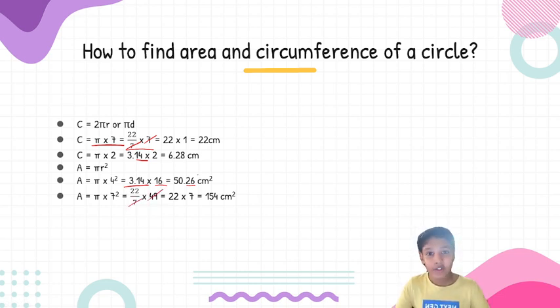Now we're not going to leave it as is. 7 and what is 49? 7. So our answer will be 22 multiplied by 7. This is a 1, so 7 1's are 7, 7 2's are 14. That's why we're striking it out. So 22 times 7 is 154 centimeters squared, which is our area.